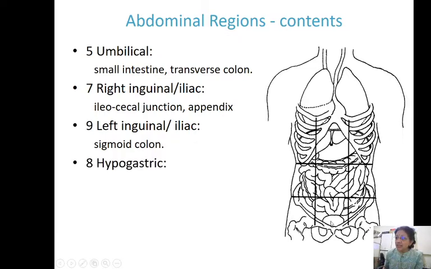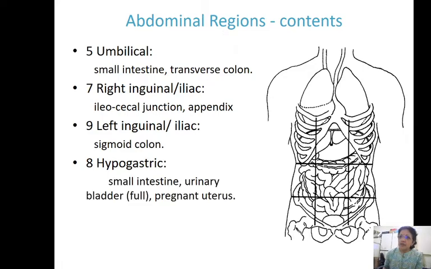Then you have the hypogastric region, which I said is also called the pubic region, middle, lowermost. Again, loops of small intestine, lots of loops of small intestine, will be coming to the urinary bladder only when it is full. When it is empty, it doesn't come into it. It's a pelvic organ. And a non-pregnant, normal uterus is a pelvic organ.